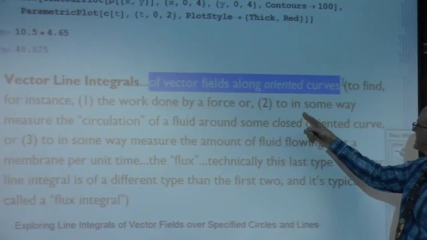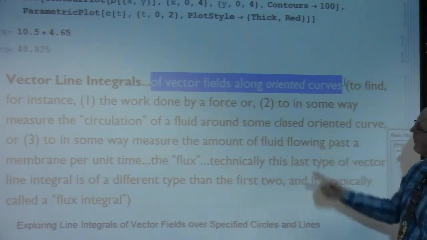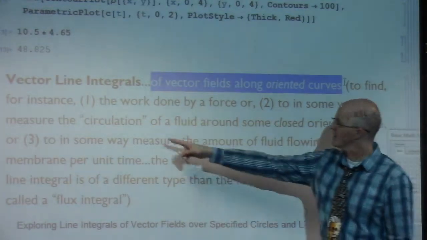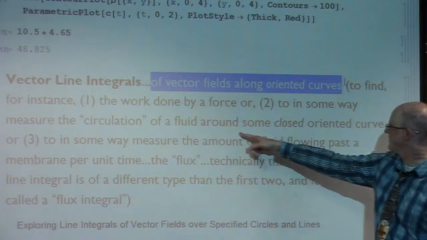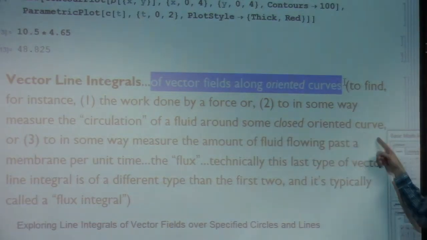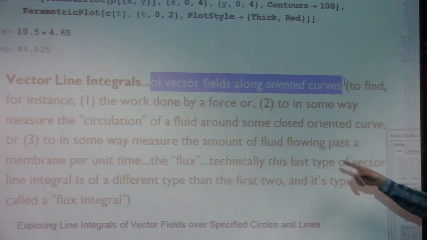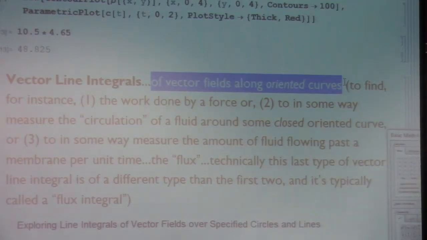The second application being, in some fluid mechanics application, to measure the circulation of a fluid around some closed oriented curve, whatever that might mean. We're not actually going to be very precise about that in terms of what it means for fluid mechanics. The third application, you can be a little bit more precise about what it means for fluid mechanics.